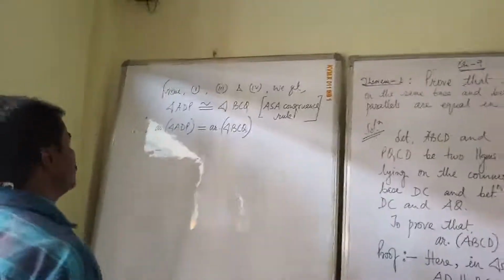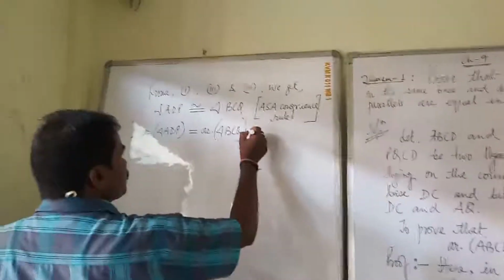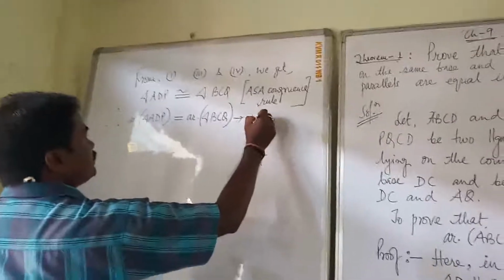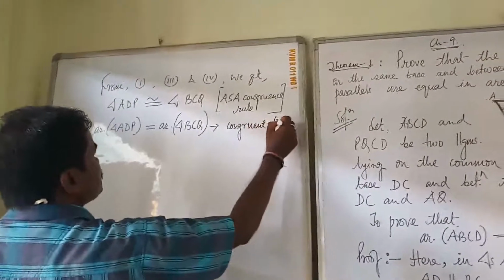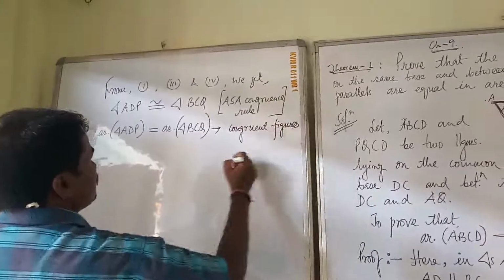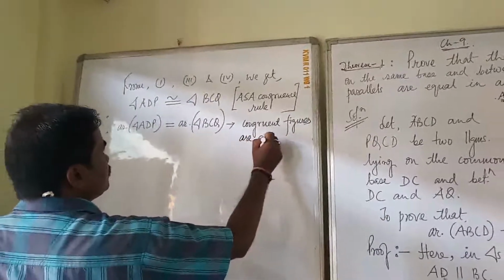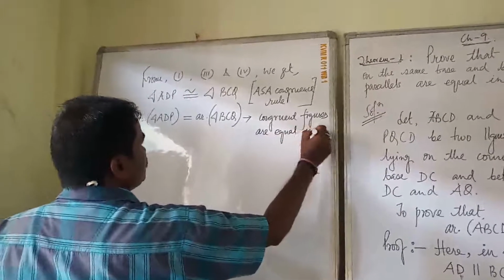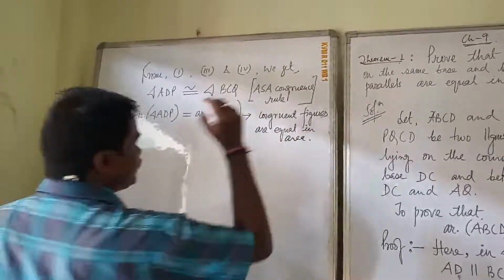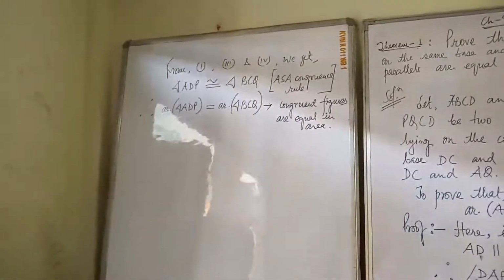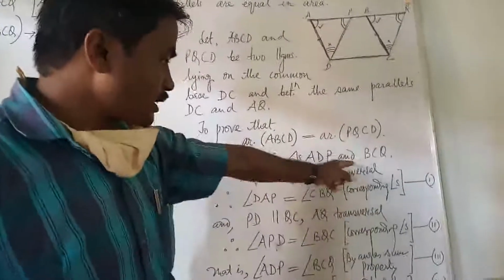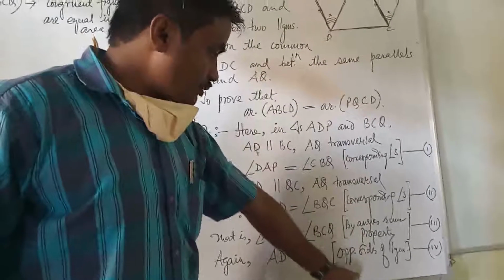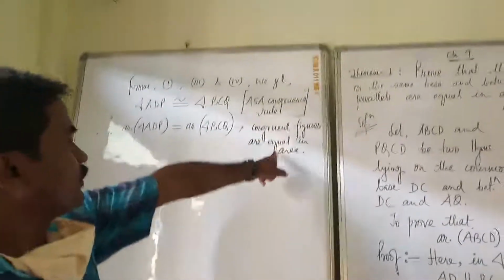Why? Because congruent figures are equal in area. All this information you have got earlier: corresponding angles, transversal, angle sum property, opposite sides of a parallelogram are equal, congruent figures are equal in area.